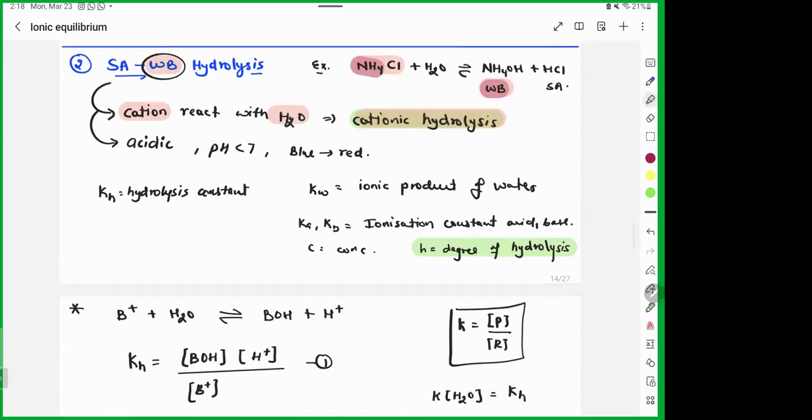In case of weak acid, it will be anionic hydrolysis. Because among acid and base, acid is strong, overall pH will be acidic in nature and less than 7. If you take weak acid, then overall it will be basic in nature and pH will be more than 7. I am doing both together.